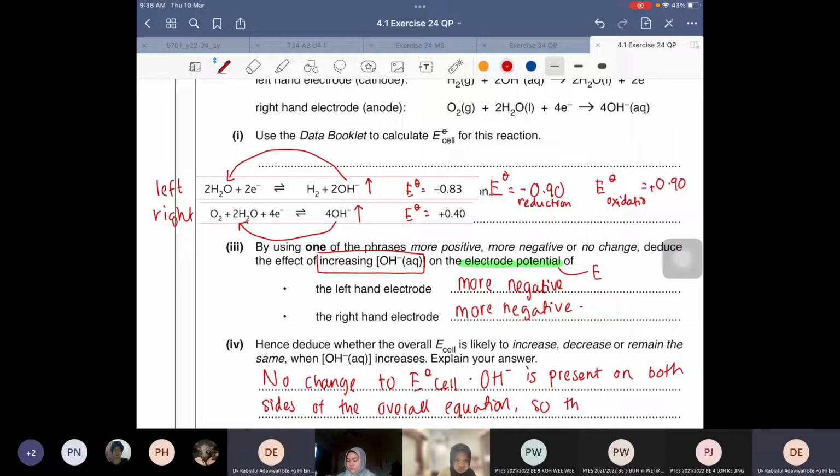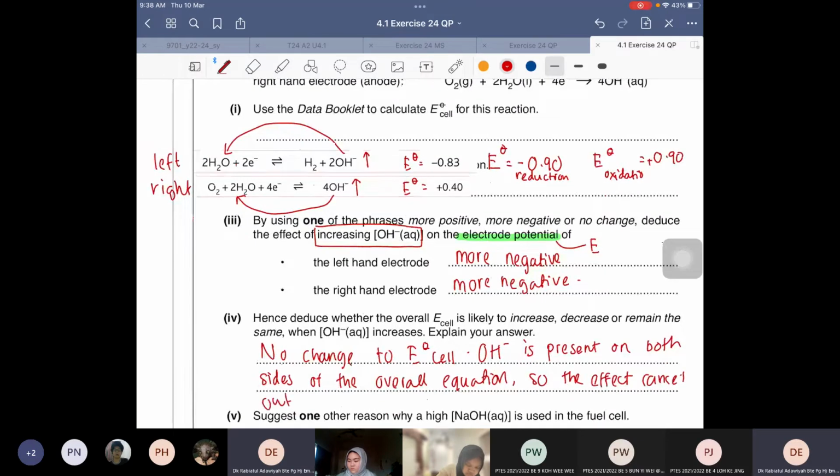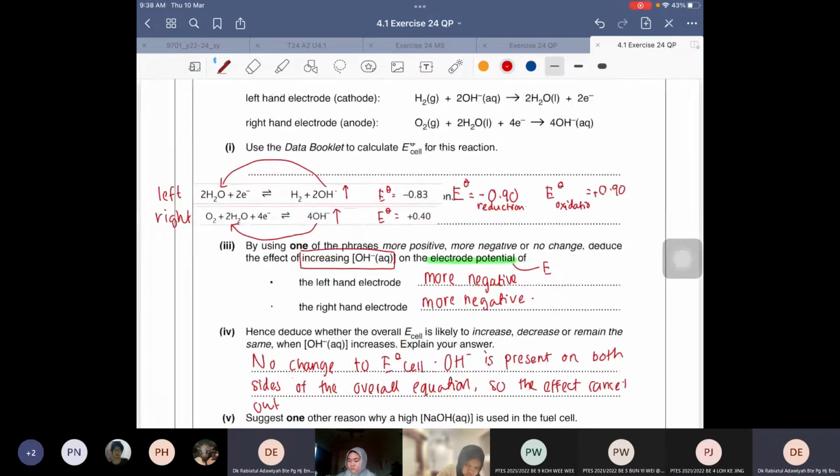So the effect cancel out. Okay, so if you're wondering which equation I'm talking about, it's this one. OH minus on the left, OH minus on the right, and you increase them by the same amount. So favor forward, favor backwards, then it cancels out.